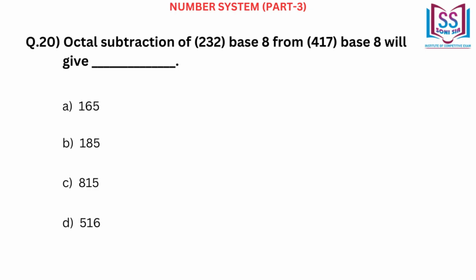Octal subtraction of 230 base 8 from 417 base 8 will give dash. A 165, B 185, C 815, D 516. Correct answer A 165.